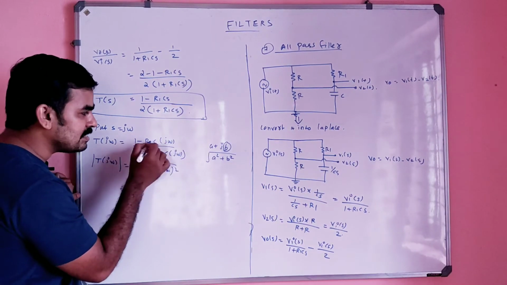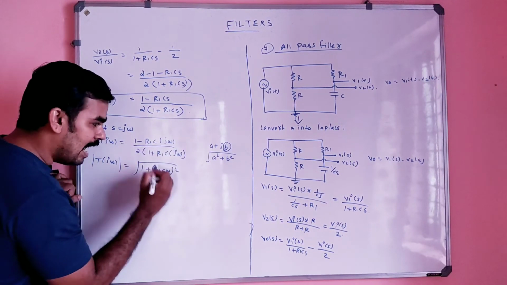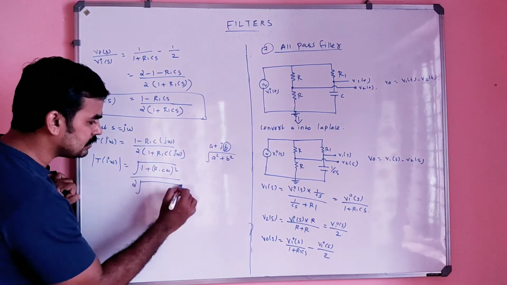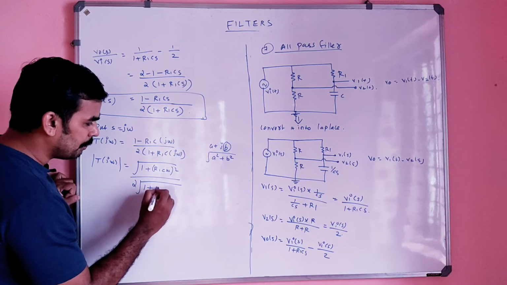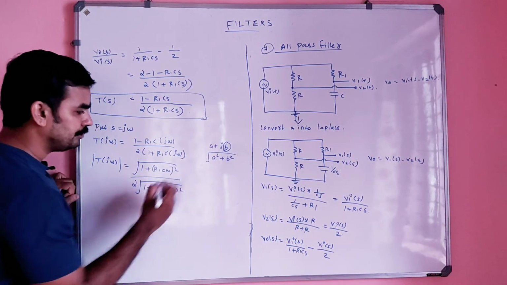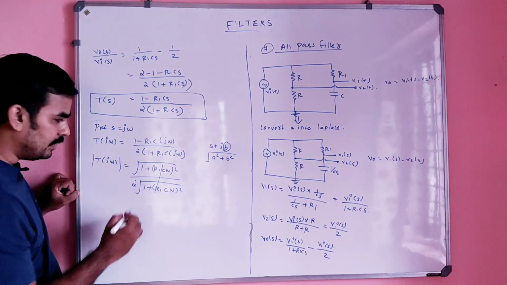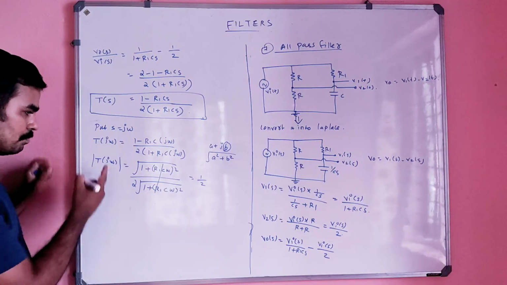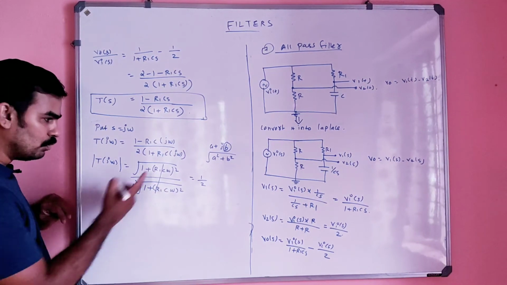The denominator is 2 into the same term, root of 1 plus (R1C omega) squared. This will be cancelled, so it will be simply 1 by 2. Very, very important: the magnitude of T(j omega) is nothing but 1 by 2.